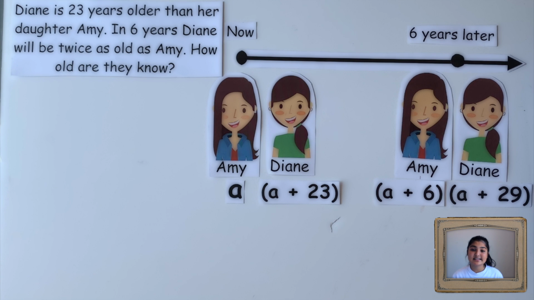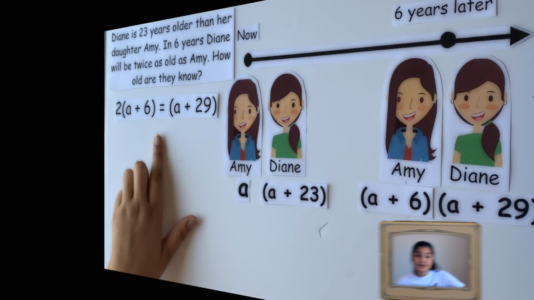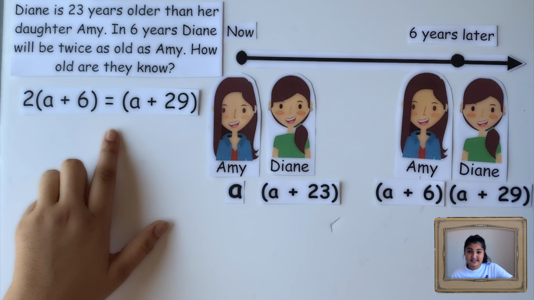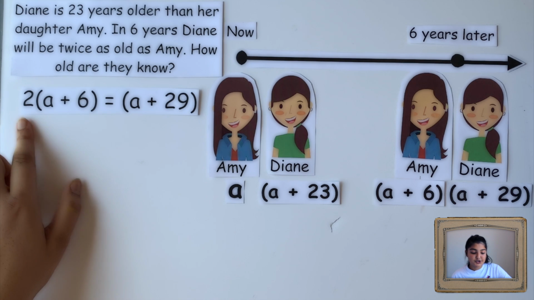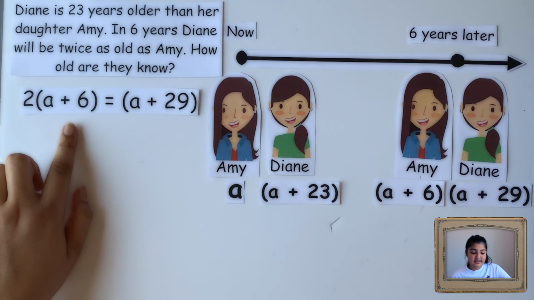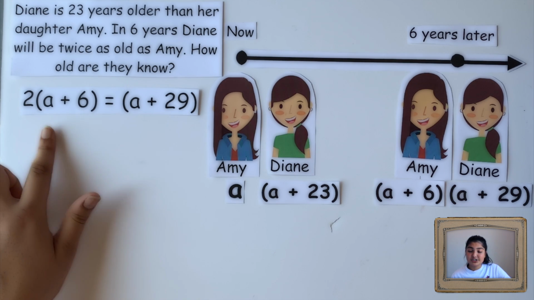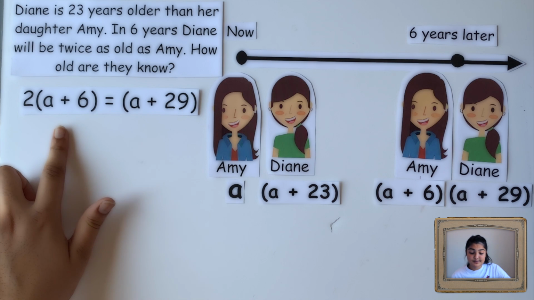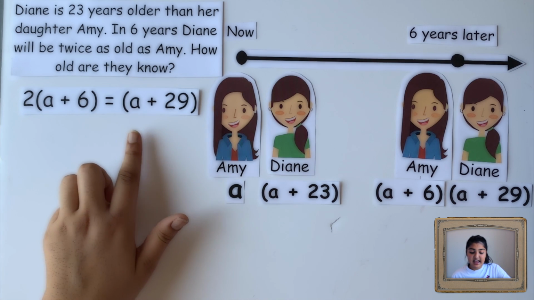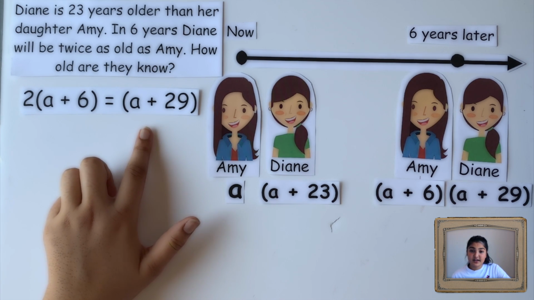So let's set this up as an equation. We can set it up like this. 2 times (A plus 6), which is Amy's age in 6 years, is equal to A plus 29, which is Diane's age in 6 years.